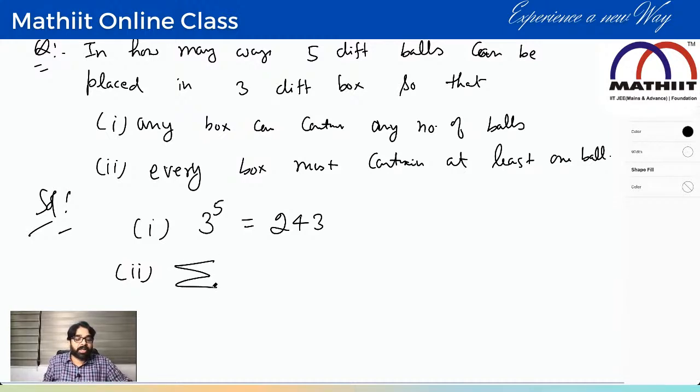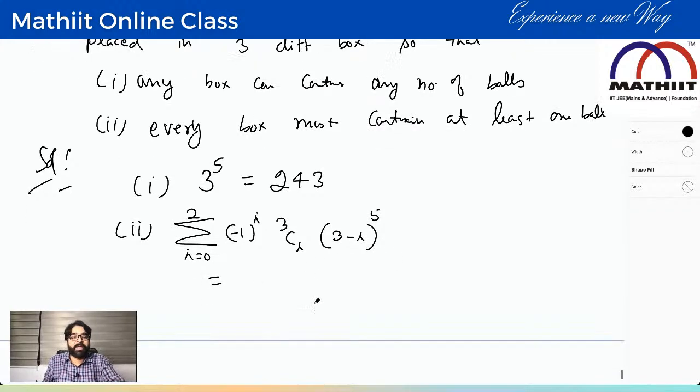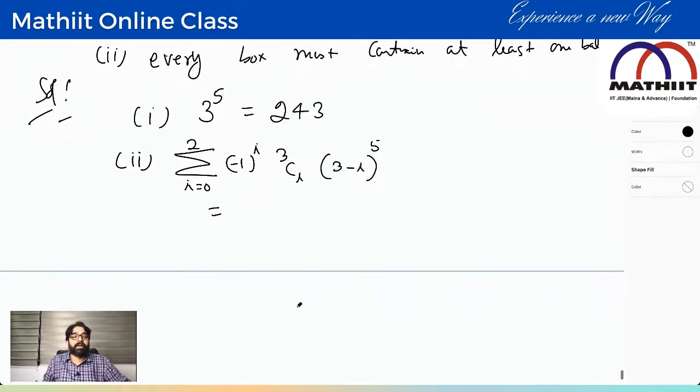How will you do it? Sigma I equal to 0 to R minus 1. What is R here? R here is 3, so 3 minus 1 means 2. Into (minus 1) power I, 3CI, into (3 minus I) raised to power N, which is 5. Now you should know sigma expansion. It's very simple. Just put I equal to 0: (minus 1) power 0, 3C0, into 3 minus 0 power 5.